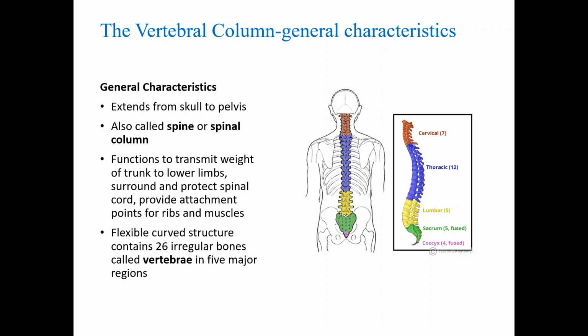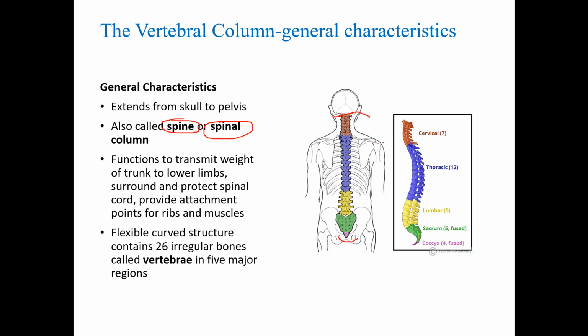All right, so the vertebral column extends from the skull to the pelvis. Let me grab my pen here so I can show it, from the skull over here to the pelvis. The vertebral column is also called the spine or spinal column, and you'll hear me sometimes call it that way. They are very interchangeably used terms.